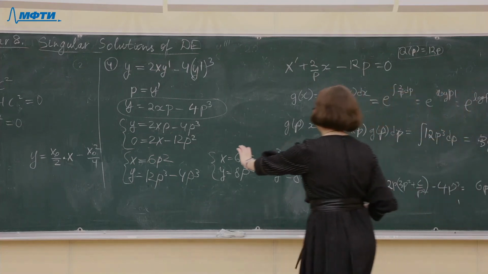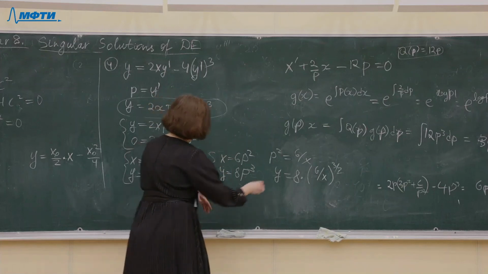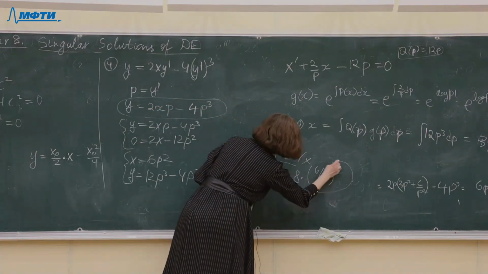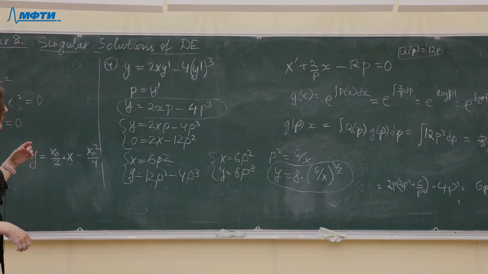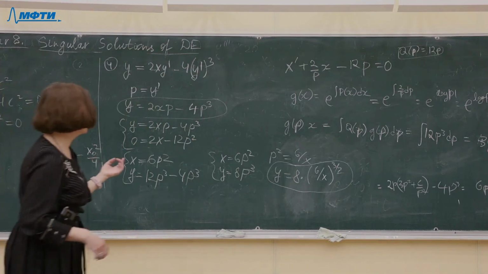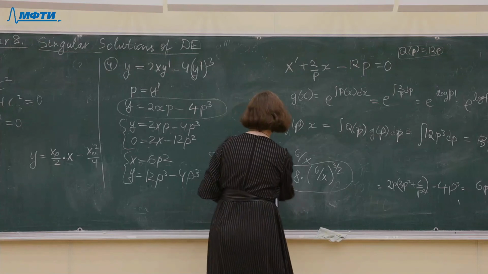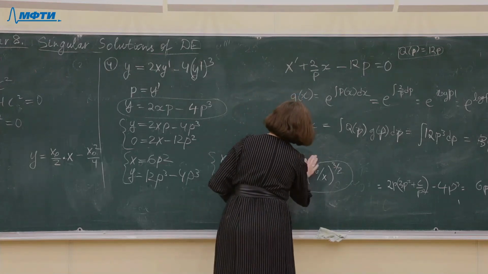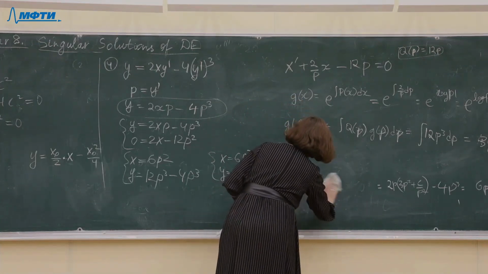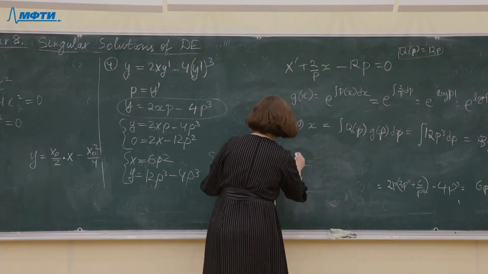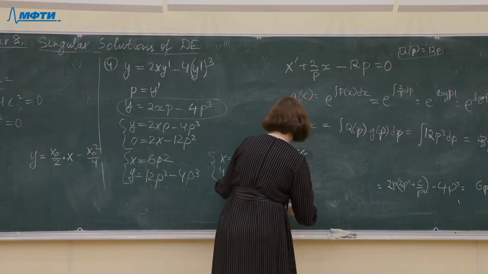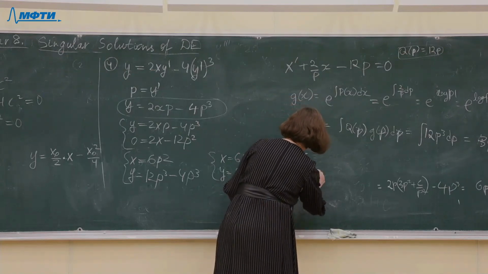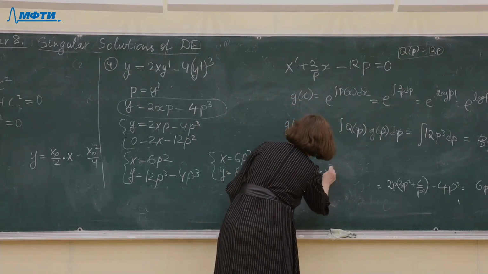So you should solve two simultaneous equations, and this is a solution then. I'm mistaken: p squared is x/6 and y equals 8 times (x/6) to the power 3/2.